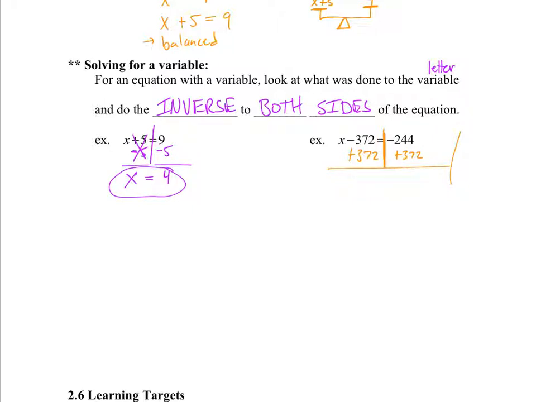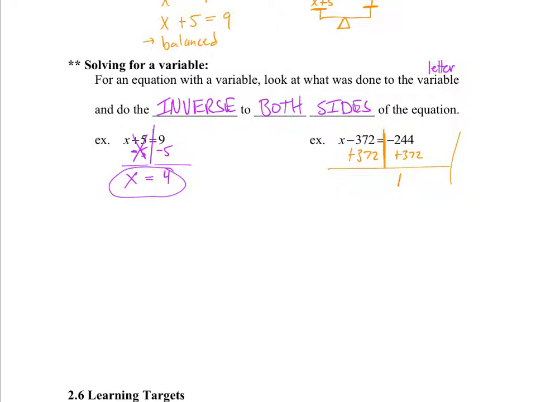This is where calculators come in really handy. I would do this one with a calculator. You have negative 244 plus 372. What do you get?